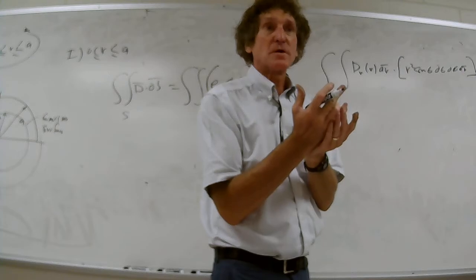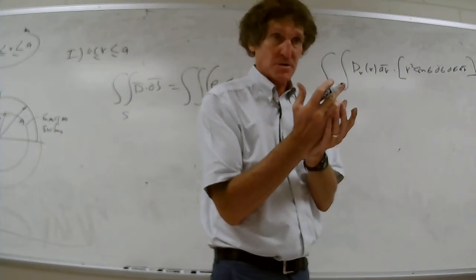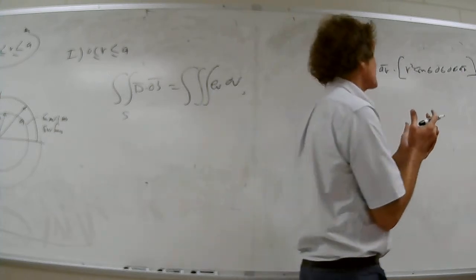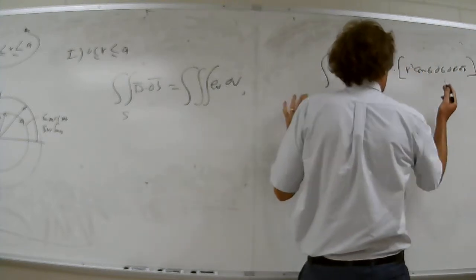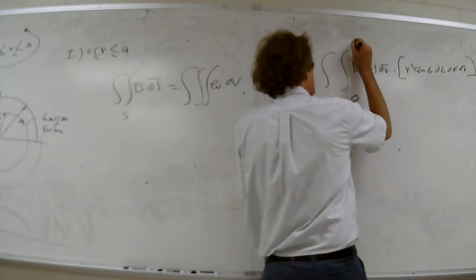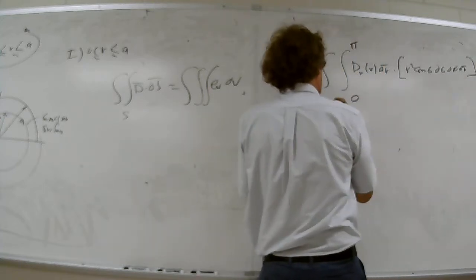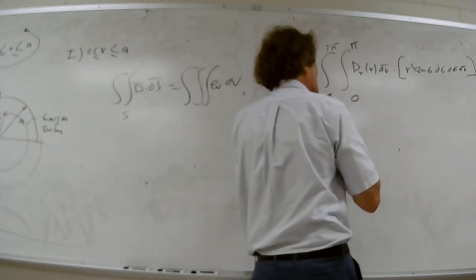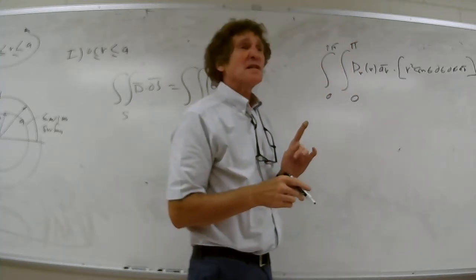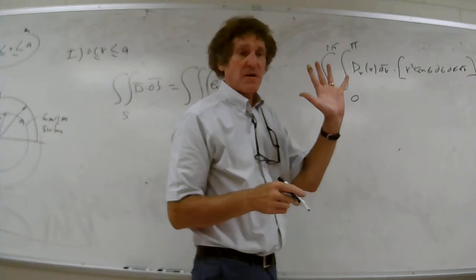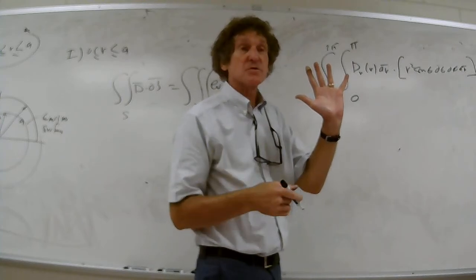If you're in spherical coordinates and you're holding r constant, y'all agree with that? It's dotted into the a r direction. Now, theta will go from 0 to pi, and phi will go from 0 to 2 pi. We're only going to do this once, we won't have to do it again. What that really is just D of r times the surface area of a sphere, which is 4 pi r squared.